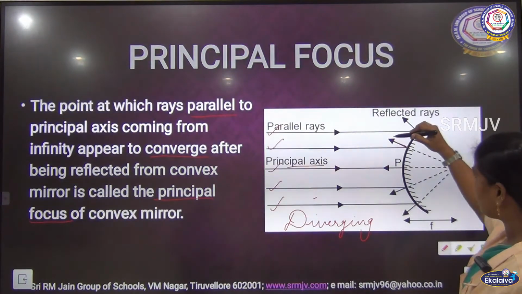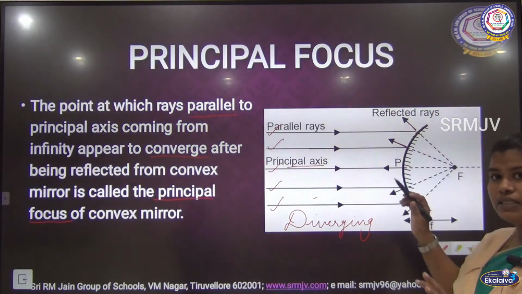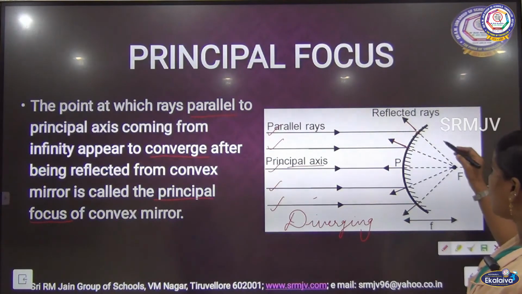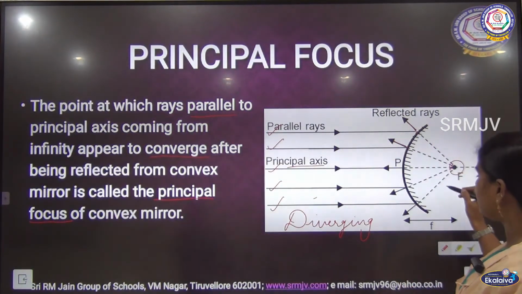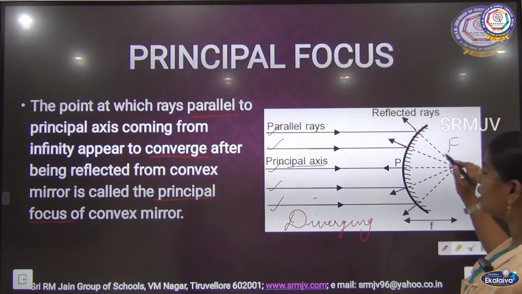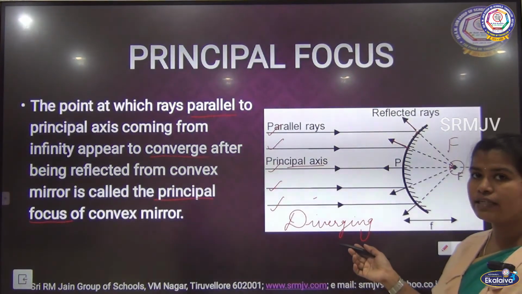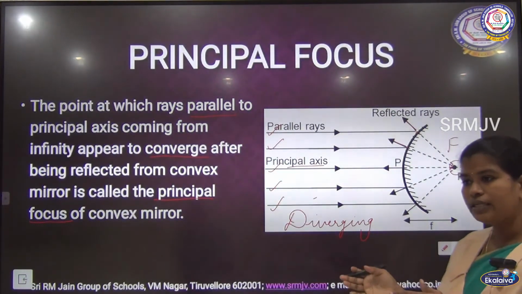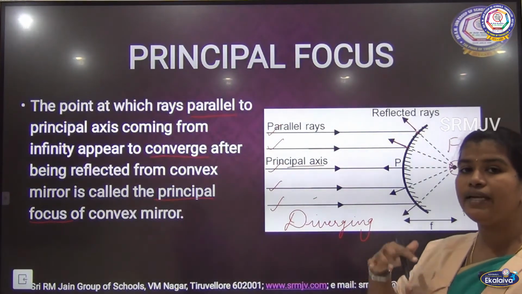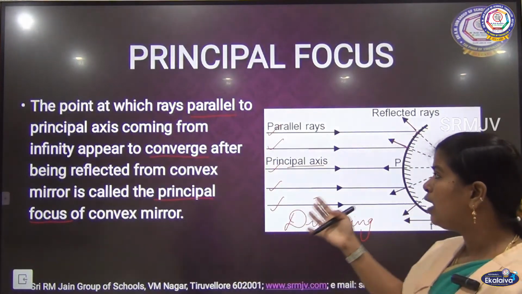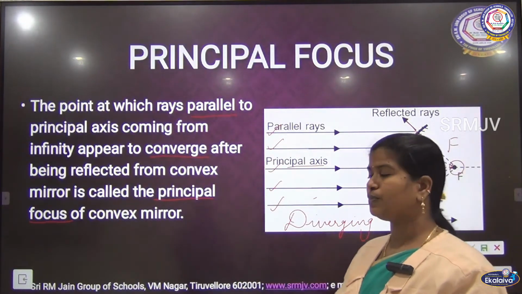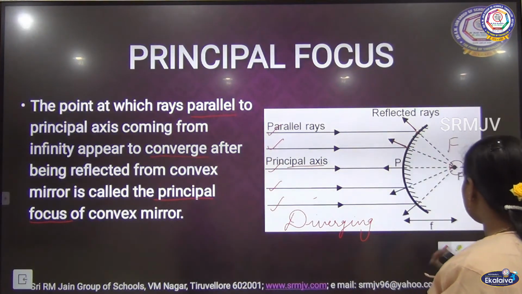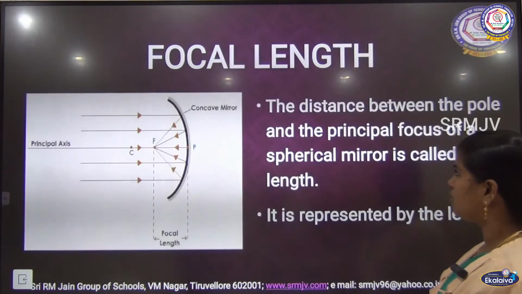You can see they are getting diverged, but these diverged rays appear to come from a point. That is called the principal focus in the case of a convex mirror. The focus of a concave mirror is in front of the mirror, and the focus of a convex mirror is behind the mirror.